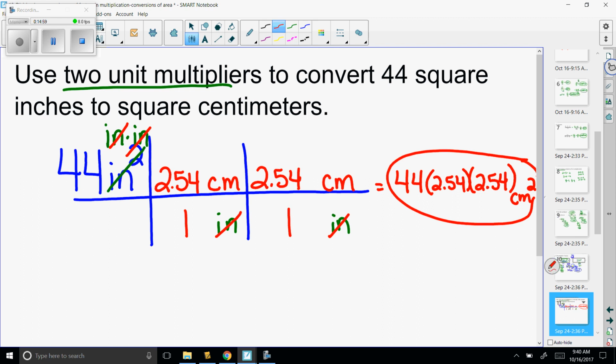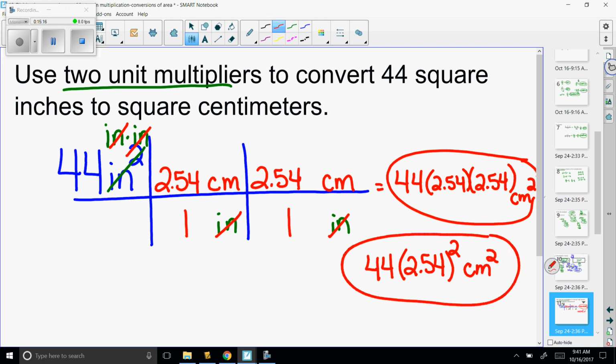Now, if you wanted to, it's okay if you put 44 times 2.54 squared. I don't expect you to calculate it, but if you take it times itself, it's the same thing as squaring it. You could write your answer in this format as well. I don't care, either format. The 44 is not squared.